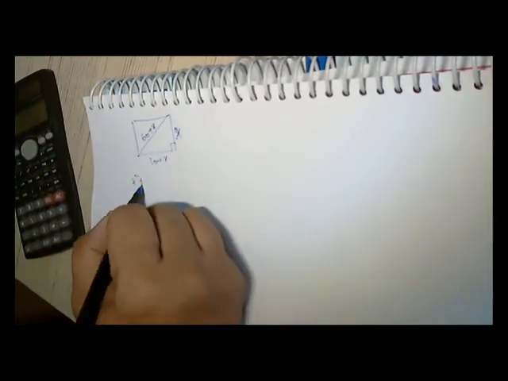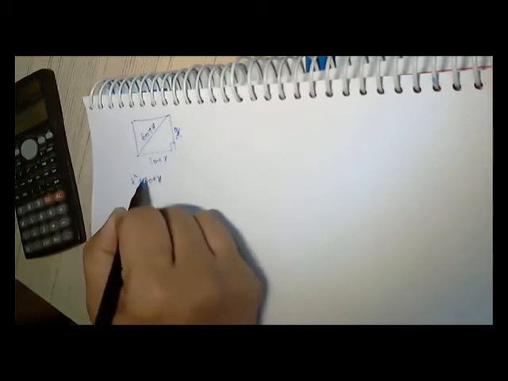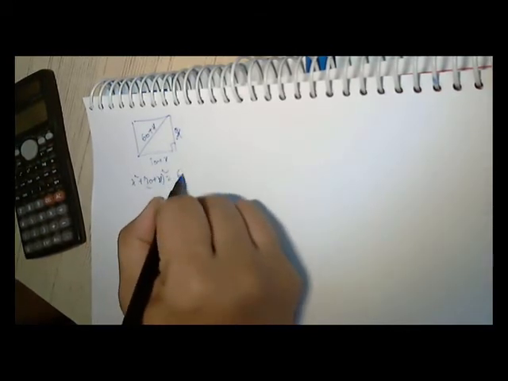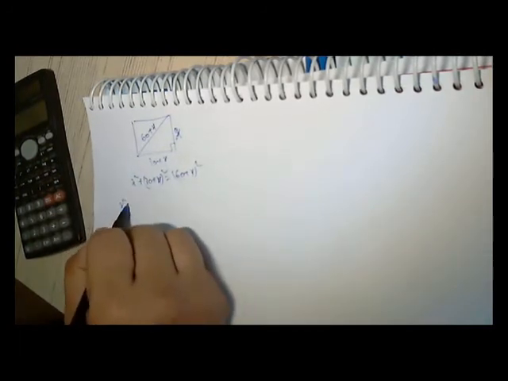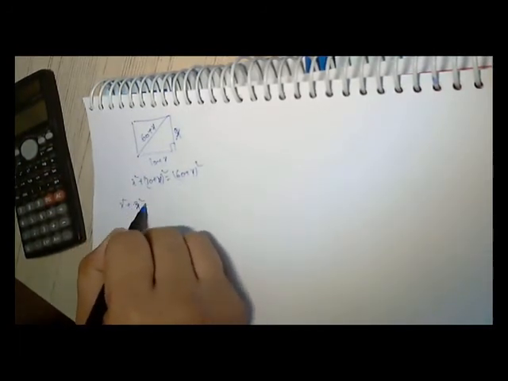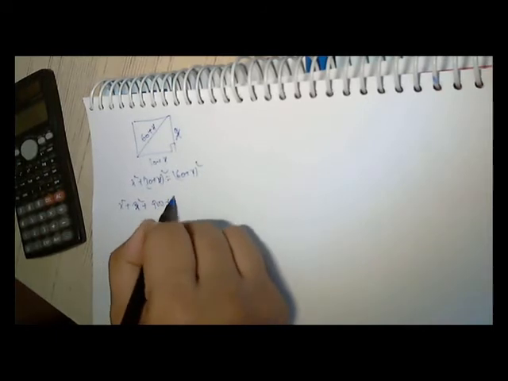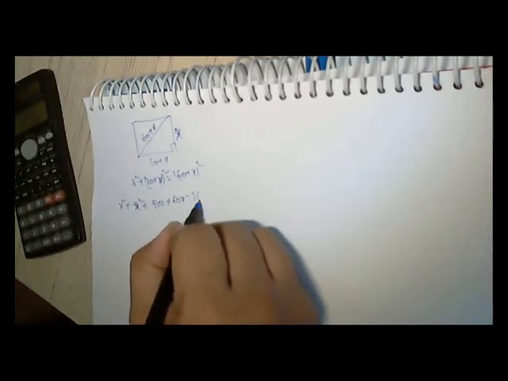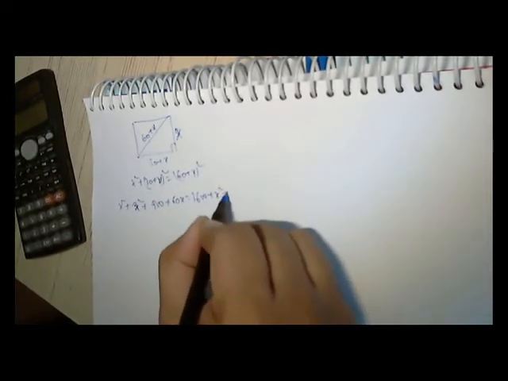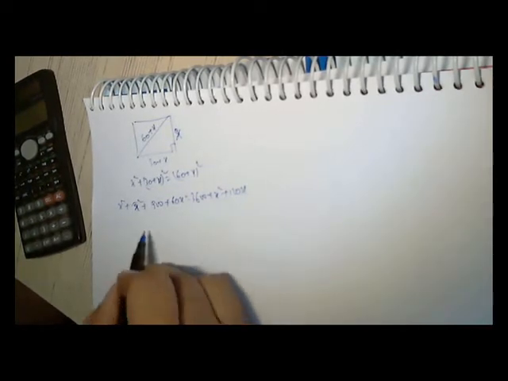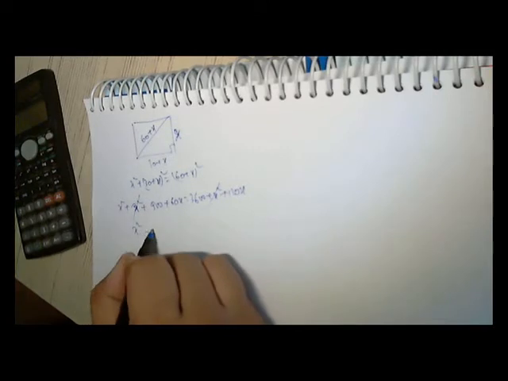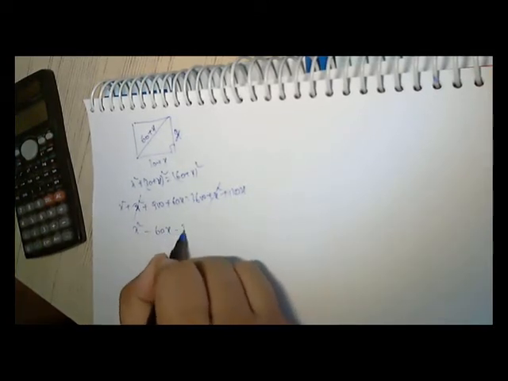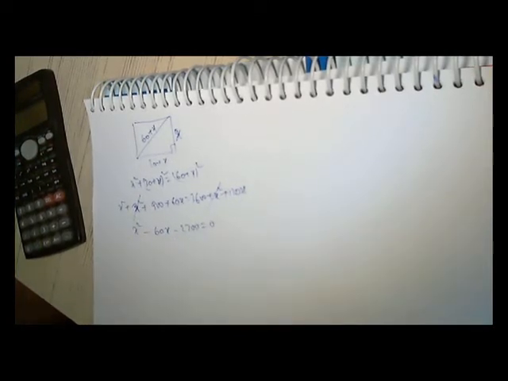So x square plus (30 plus x) whole square is equal to (60 plus x) whole square. Expanding, x square plus 900 plus 60x is equal to 3600 plus x square plus 120x. So this is giving x square minus 60x minus 2700 is equal to 0.